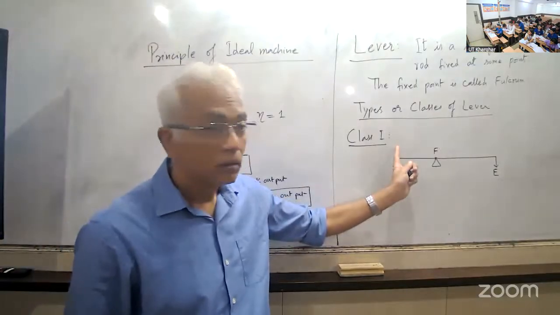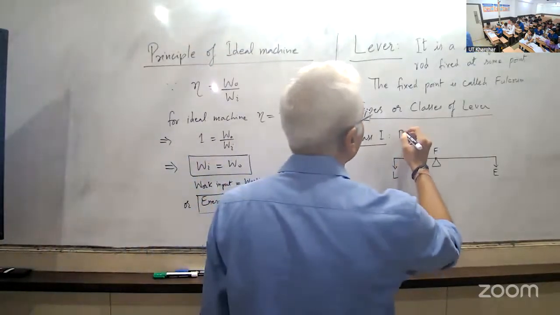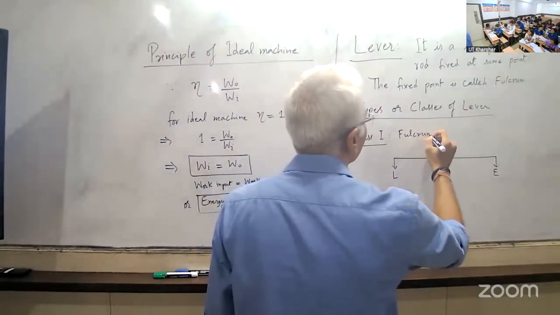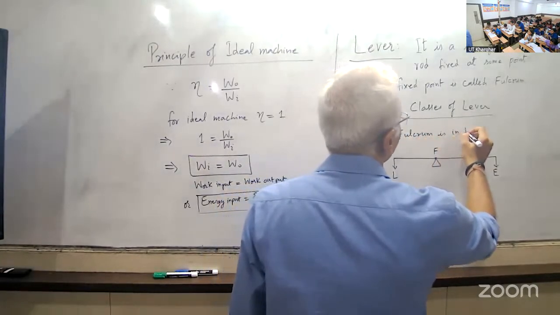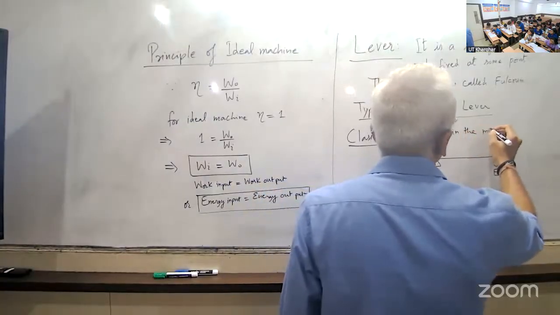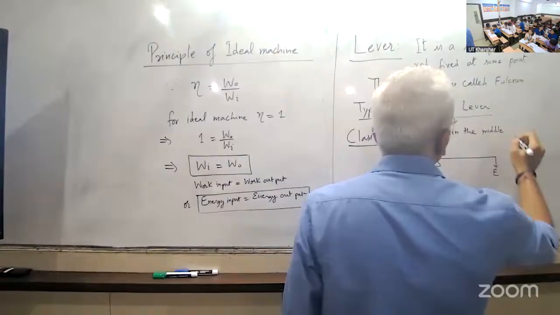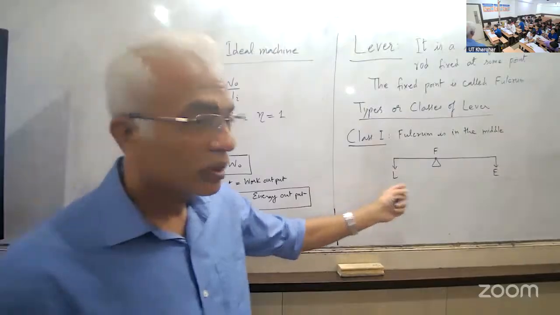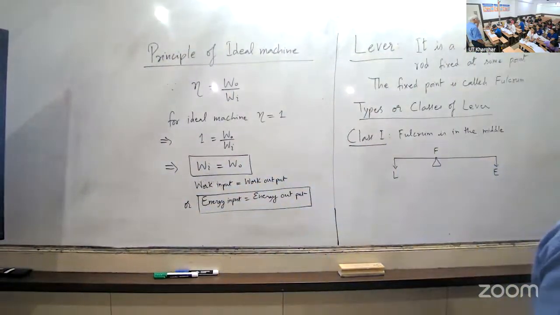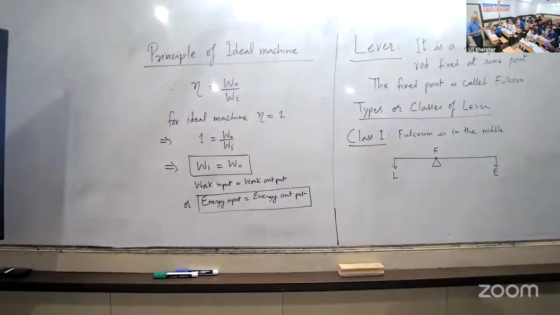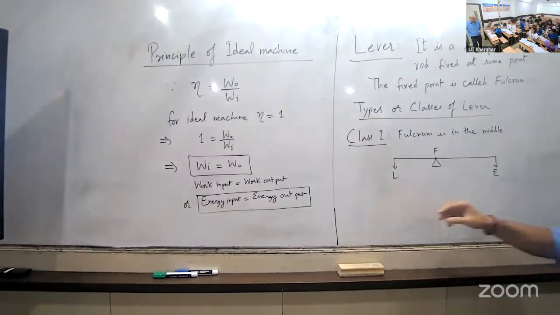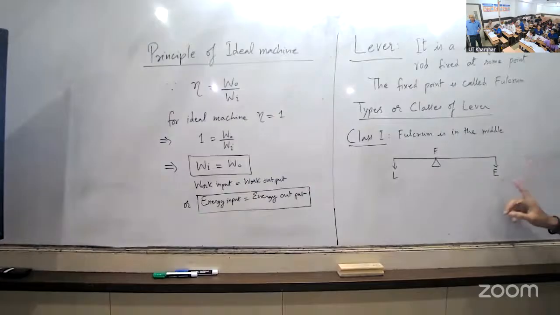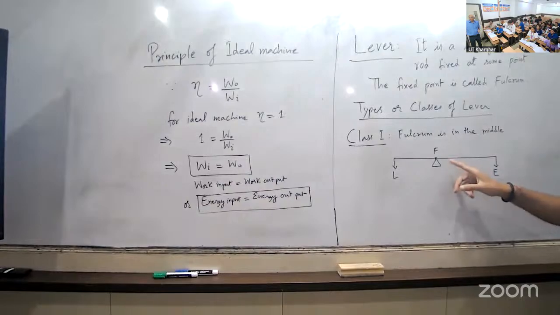So in class 1, fulcrum is in the middle. In the middle. Okay? And what is on the other side? Load or effort. In a machine, you know what the work of a machine is? To overcome load. How? By the application of effort. Okay? But in a lever, what is there? Straight or bent rod, it has to be fixed at that point.